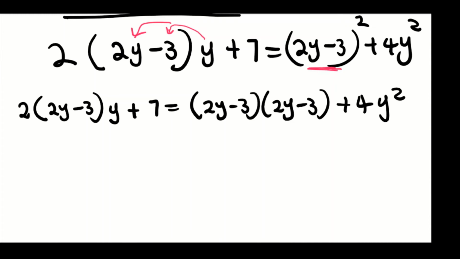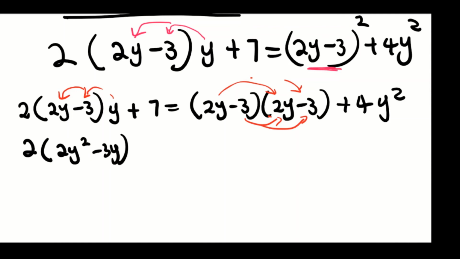So we're just going to multiply the y inside the brackets and do the same here, multiply using our FOIL method, right? So we're going to have 2(2y² − 3y) + 7 is equal to, so 2y multiplied by 2y is going to give us 4y², and 2y multiplied by −3 is going to give us −6y.